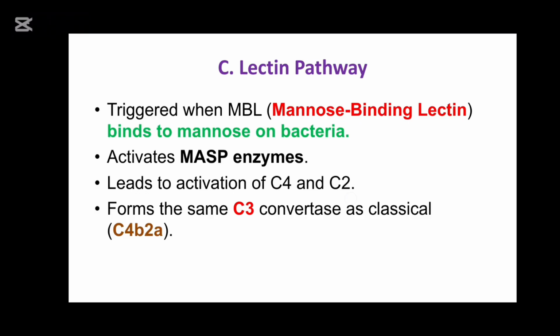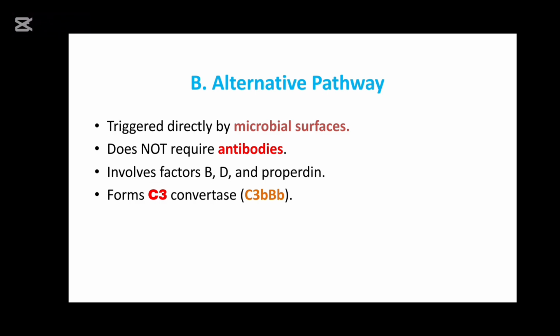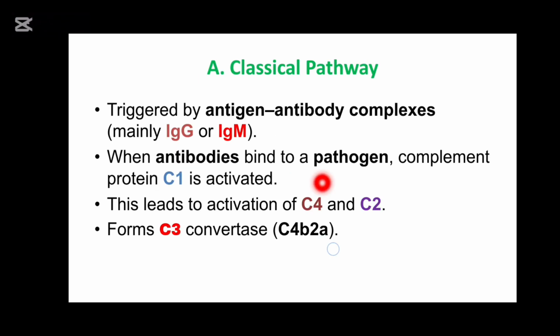These MASP enzymes lead to the activation of C4 and C2, the same activation as in the classical pathway. Remember, C4 and C2 form a complex which is a C3 convertase, C4B2A. This is the complex made by C4 and C2.